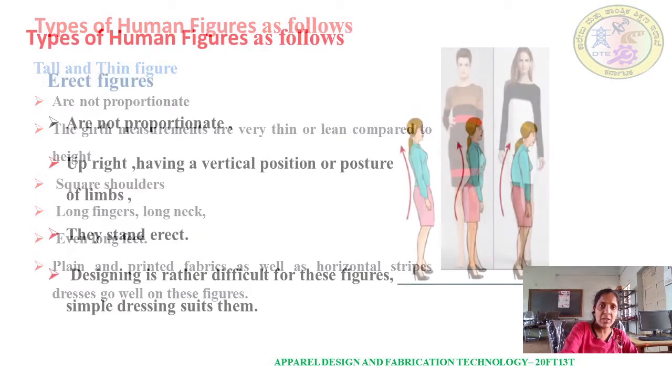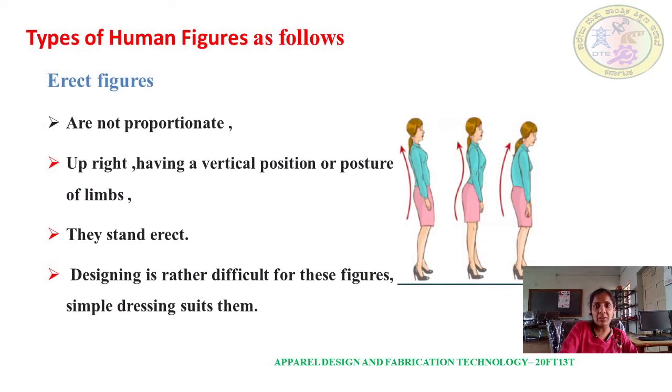So, the next one is the erect figure. In the erect figure, there is a lot of erectness. This figure is also not a proportionate figure. They are upright figures, having a vertical position, but the postures of the limbs are not vertical.